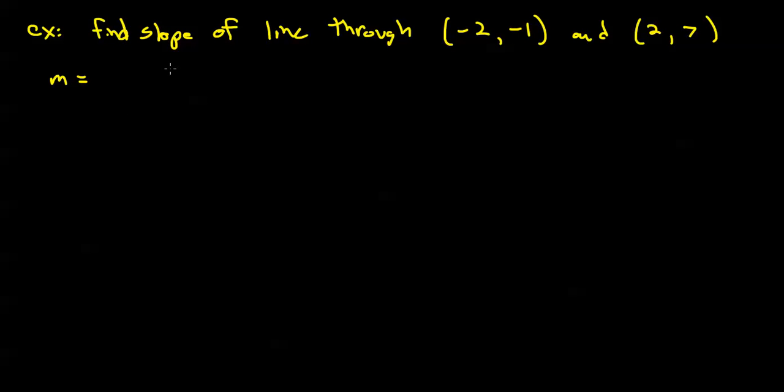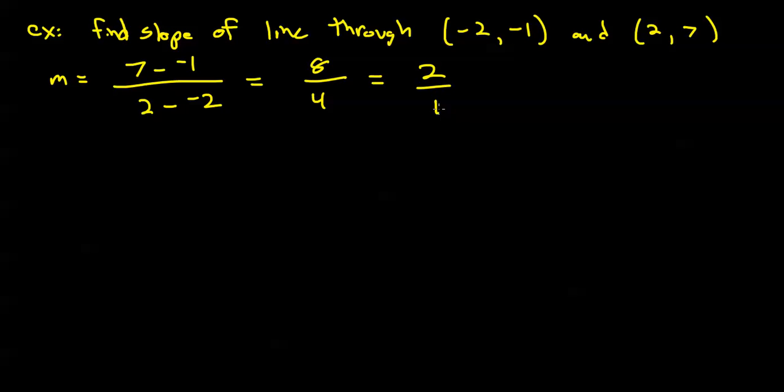I'll just go right to my slope formula. y2 minus y1, be careful of negative signs, divided by x2 minus x1, letting my second point be x2, y2, and my first point be x1, y1. So my numerator is 8, my denominator is 4. Of course, that reduces to 2 over 1, which gives me a slope of 2.